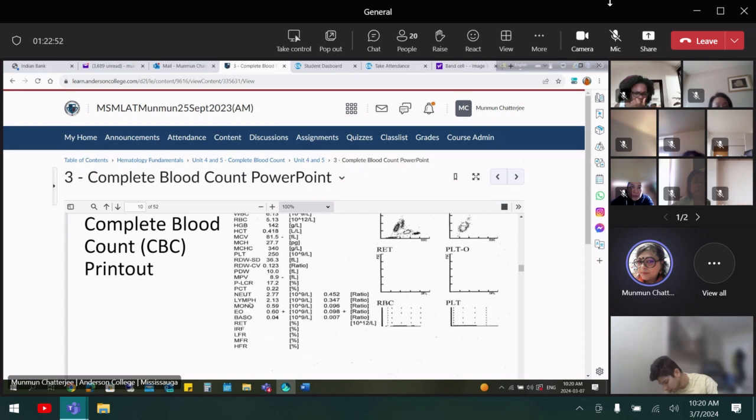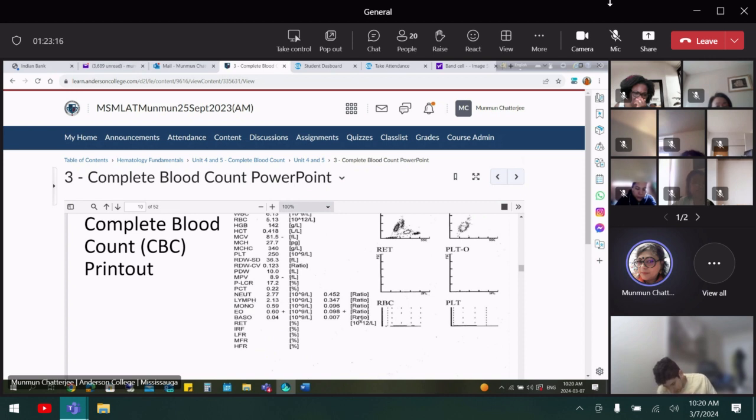Neutrophil is the highest one, the lymphocytes next highest, then monocytes, eosinophil, basophil. Basophil is almost nil. And in regular peripheral blood you are not going to see reticulocytes unless the patient has severe anemia.